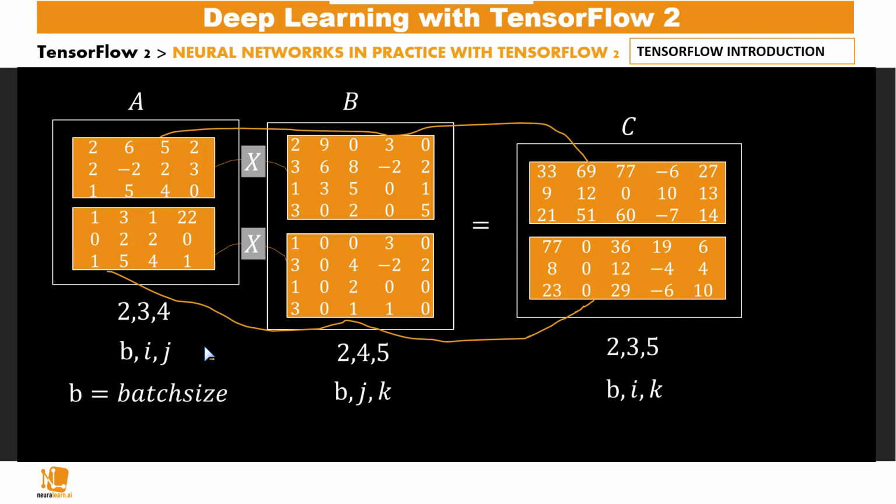We may just want to use a single operation which understands that this multiplication is done for every position in the batch. Also note that in these kinds of computations the batch dimension remains exactly the same. We have here 2, 2, 2, while 3 by 4 multiplied with 4 by 5 gives 3 by 5. So we still have this exact same value of B which is maintained everywhere.